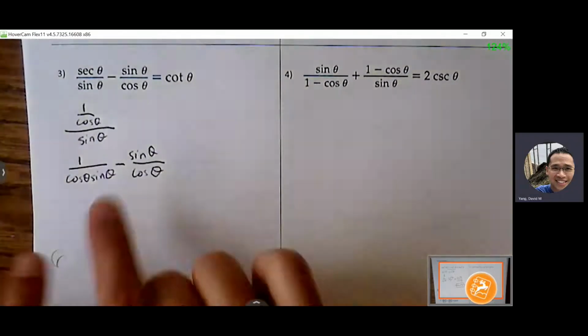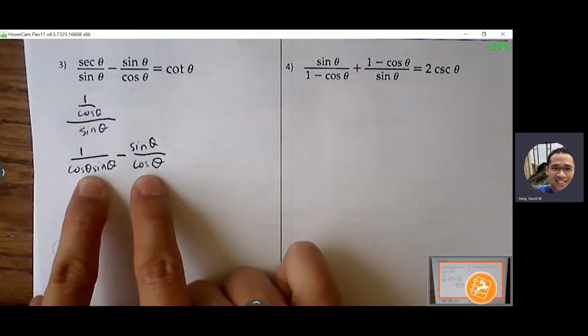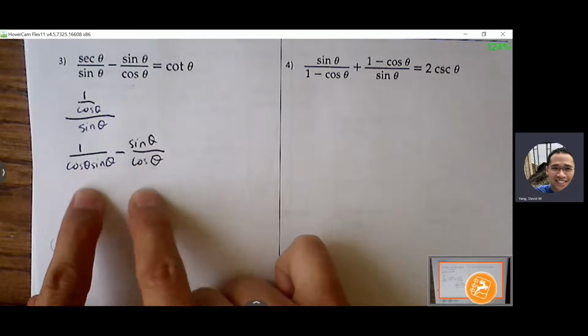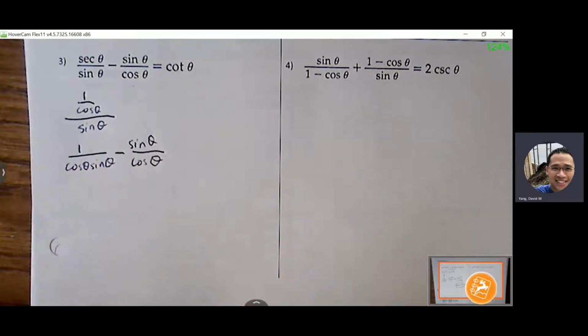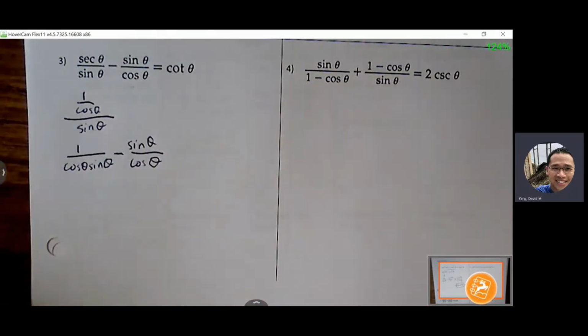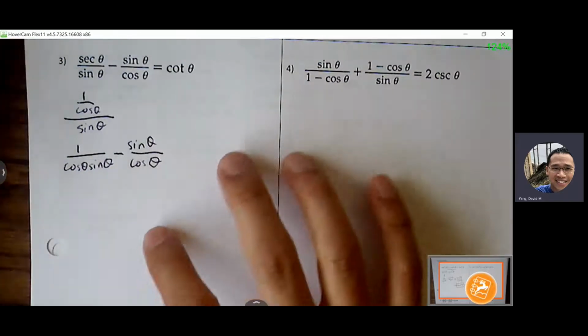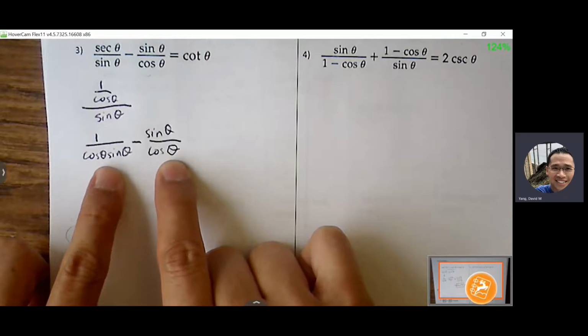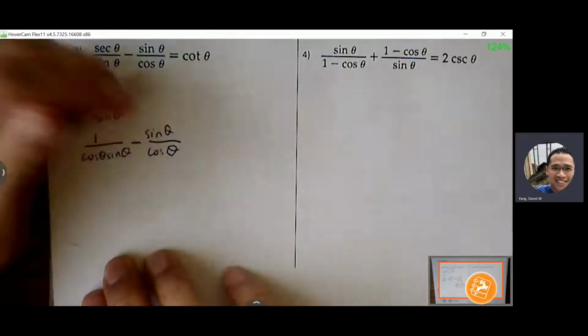But this feels a little better for me because at least everything I see in front of me is in terms of sine and cosine. So now I'm going to move towards my common denominator work. So what's our common denominator between these two fractions? Cosine and sine, yep.